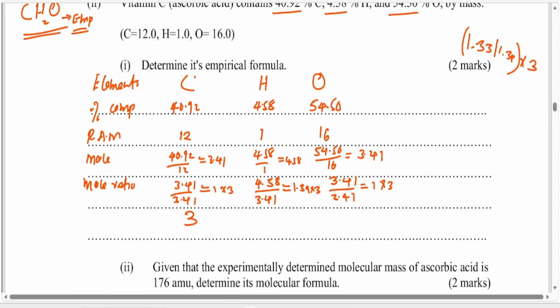When I multiply 1.34 by 3, I obtain 4.02, so this is basically 4, and then this is 3.